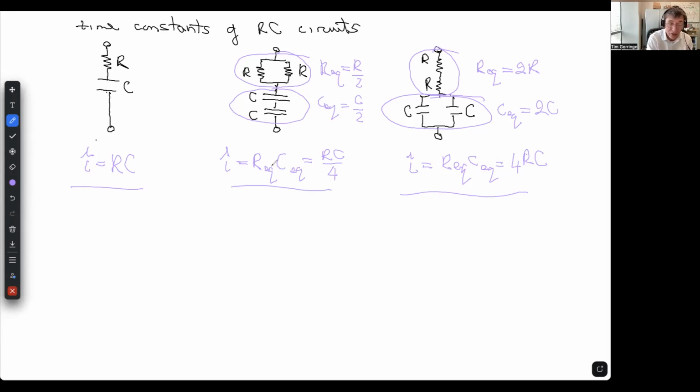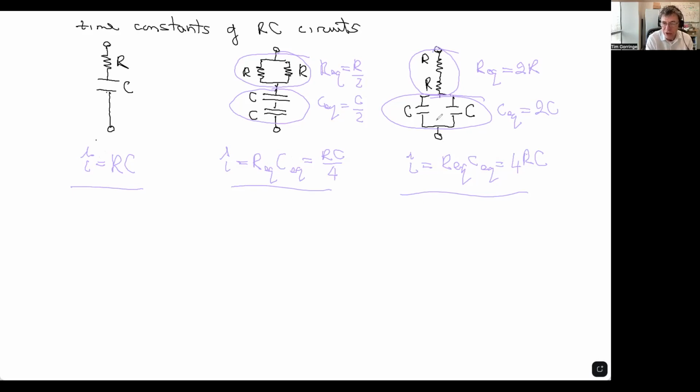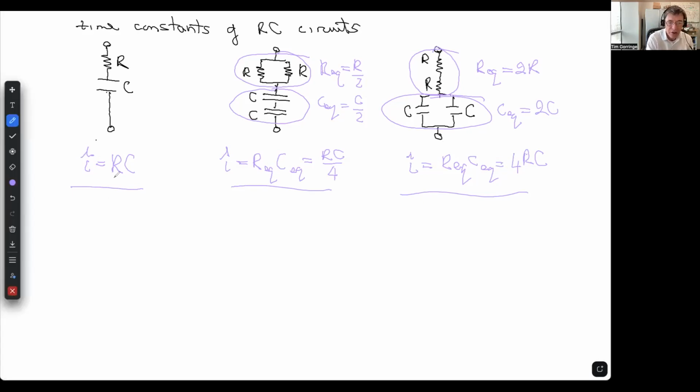Its time constant is smaller by a factor of 4 compared to the left-hand side reference time constant. For the right-hand circuit, this circuit will take 4 times more time to charge or discharge the capacitors because its time constant is a factor of 4 larger than the reference circuit over here.